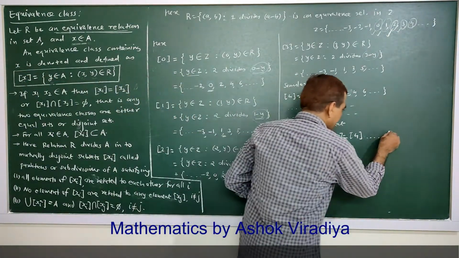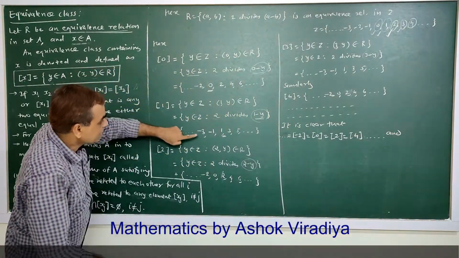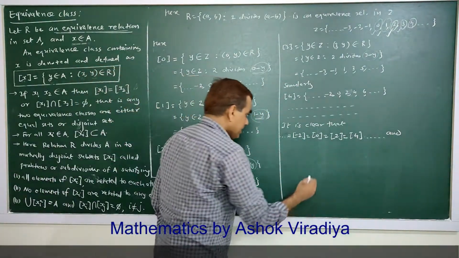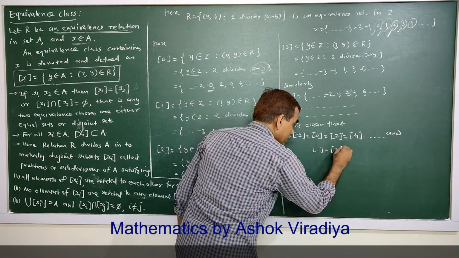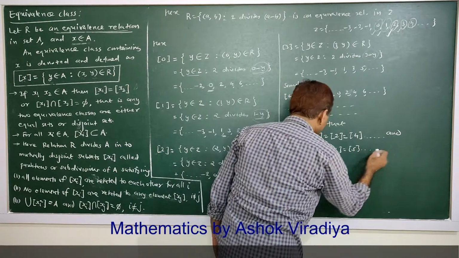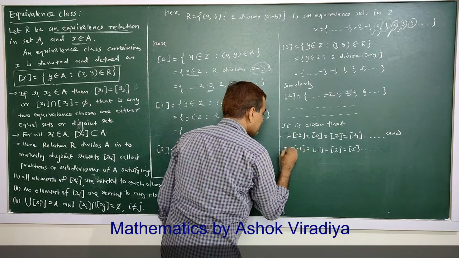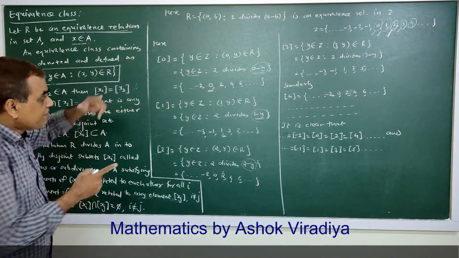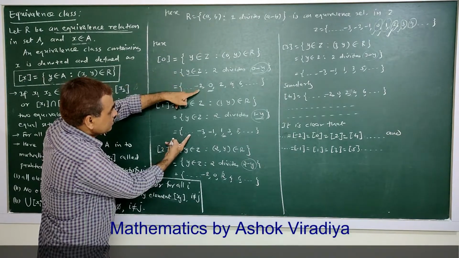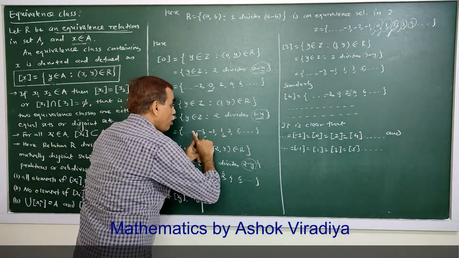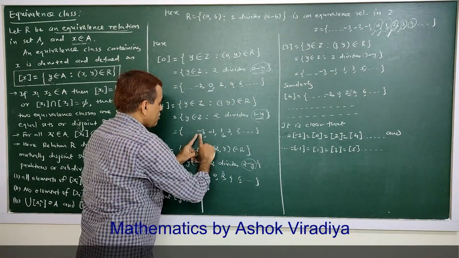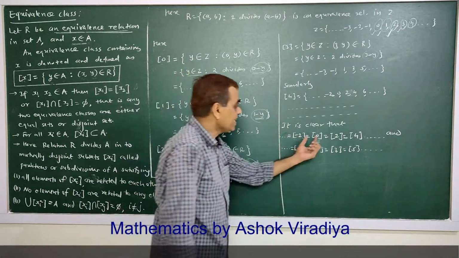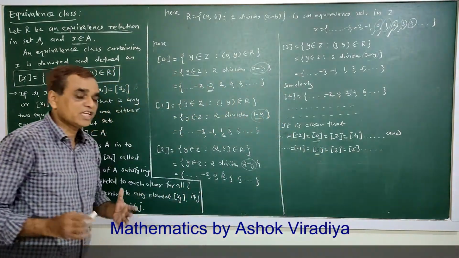And the equivalence classes containing 1, 3, 5, or if you find for -1, these are the same. And if you take the union of these two sets, this set contains all even and this set contains all odd, and if you take the union of the class containing 0 and the class containing 1, then the union is Z.